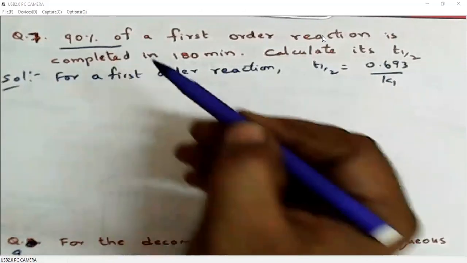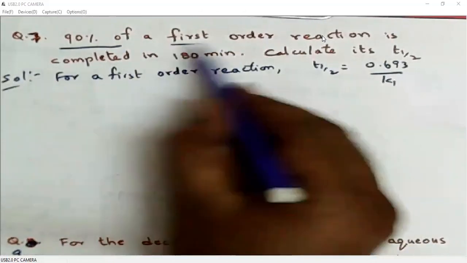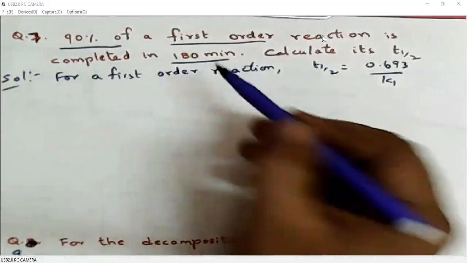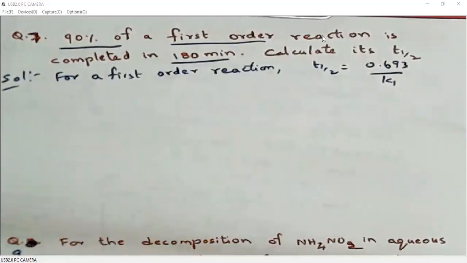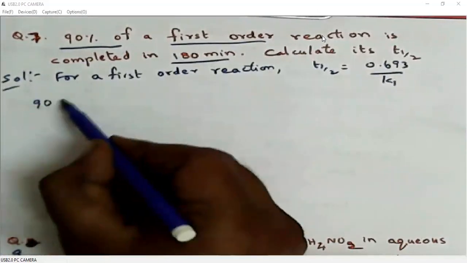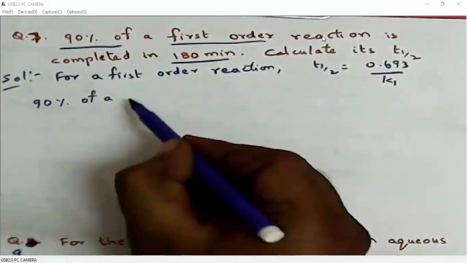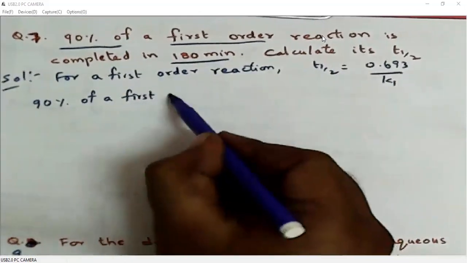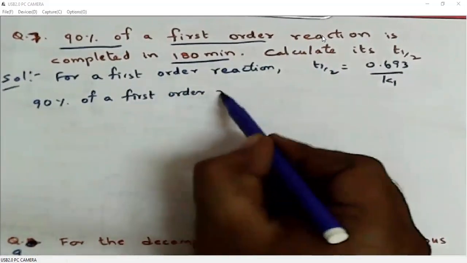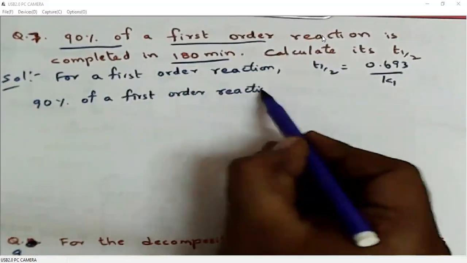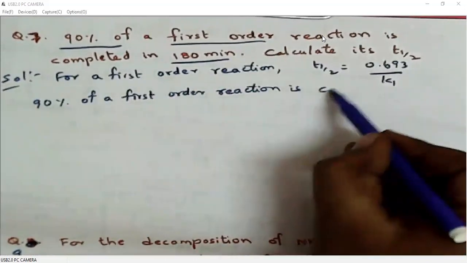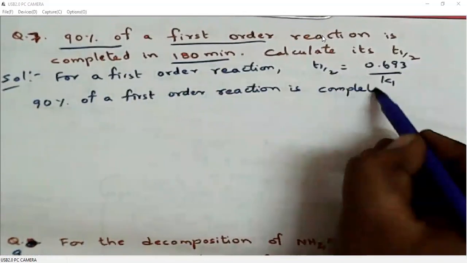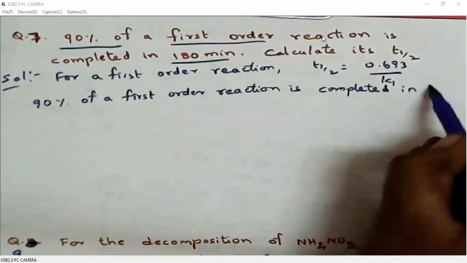What was given? 90% of a first order reaction is completed in 180 minutes.